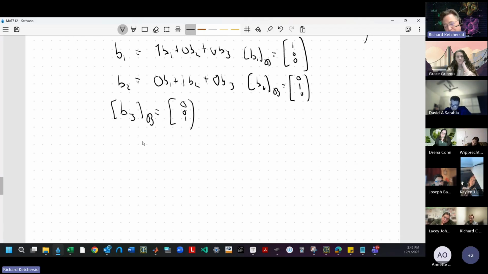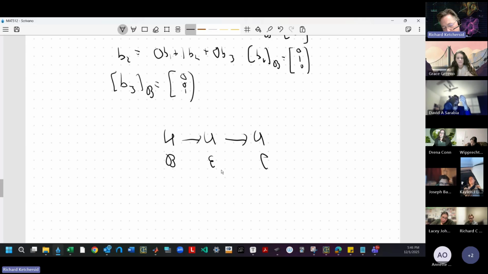I'm still in the middle of trying to compute the basis transformation between two bases for the identity map. We're still in that sort of ridiculous setting. So let me just rewrite that. We've got a basis B, we've got U, we've got our basis E, and it's going back to U, and I've got a basis C. What we've done is compute the transformation, and here you have to be careful about the order.